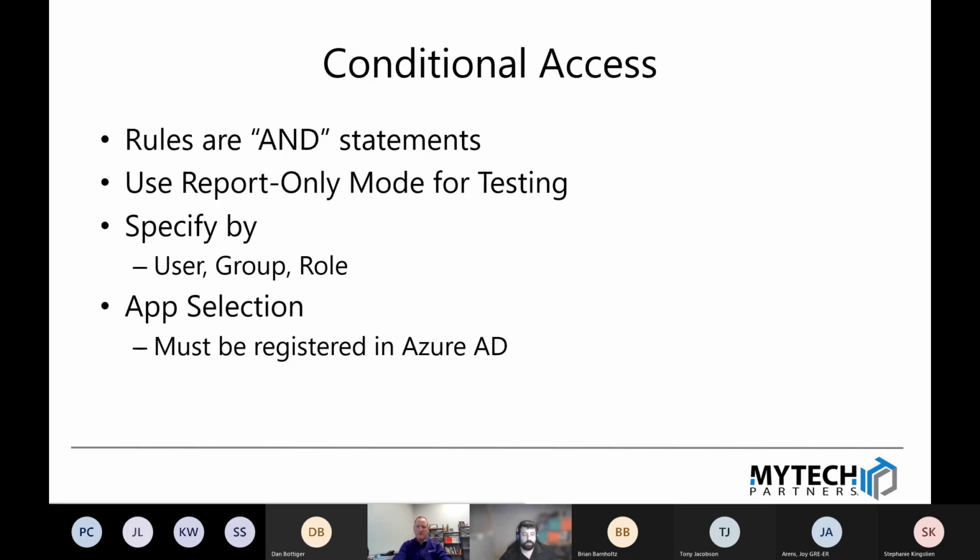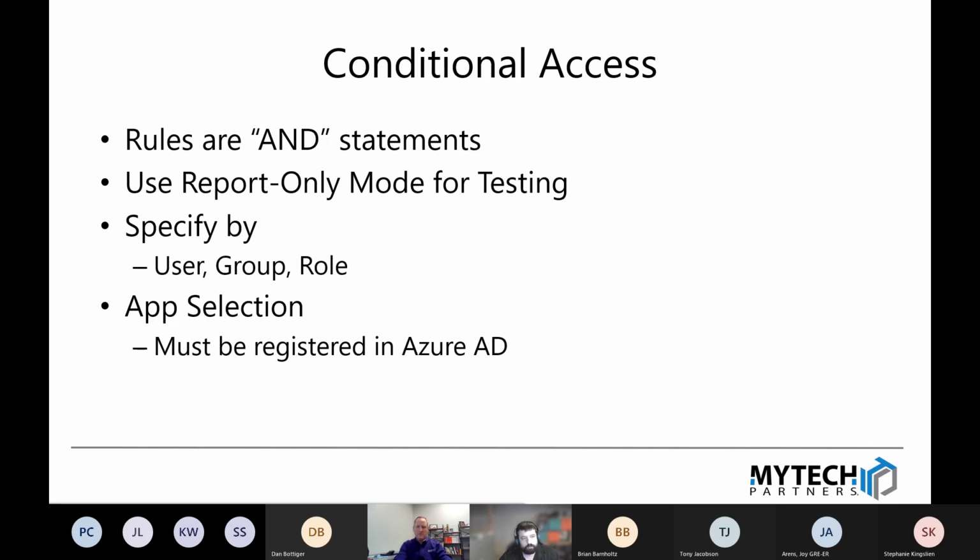So the meat behind Microsoft's MFA solution is conditional access. And conditional access is basically a whole bunch of rules that permit or deny how somebody can access the data that's stored within 365 or any call that's made towards Azure Active Directory for authentication.